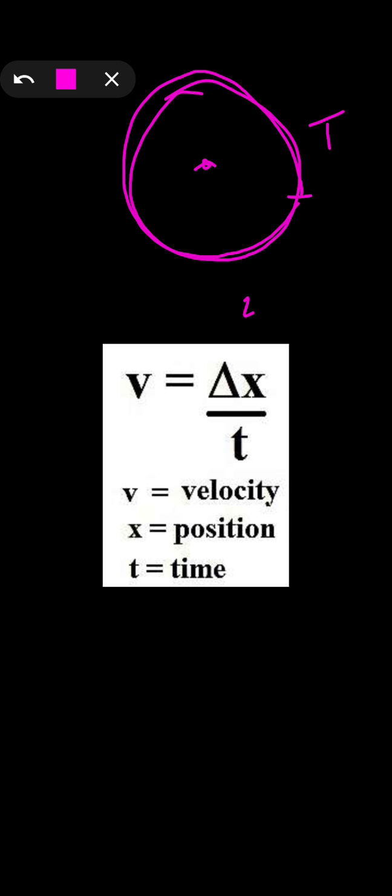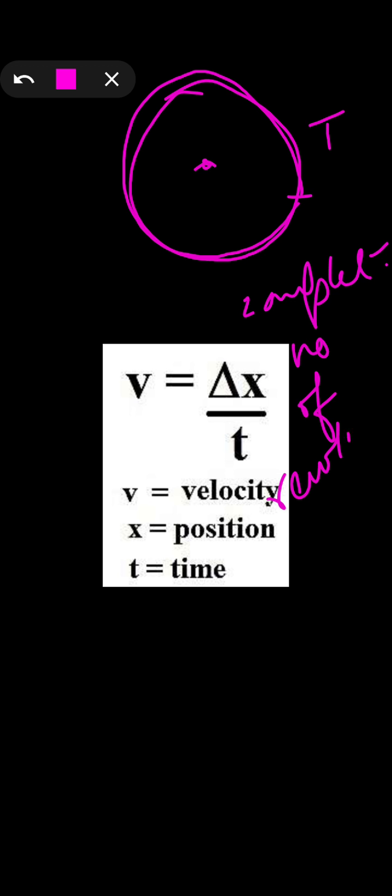So the complete number of revolutions taken by the body to complete the path around a circle in 1 second is said to be frequency.